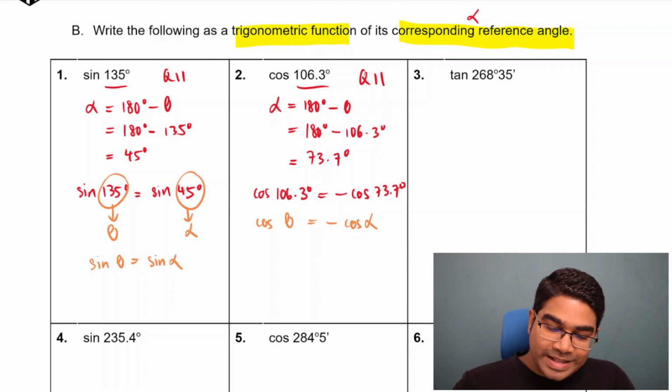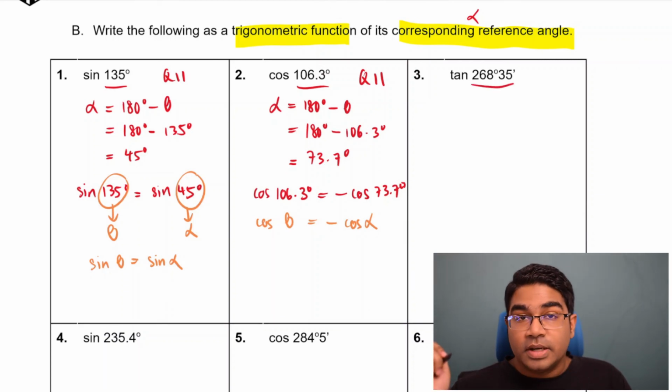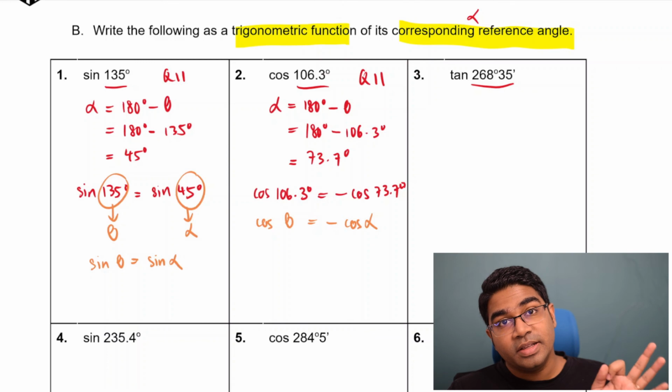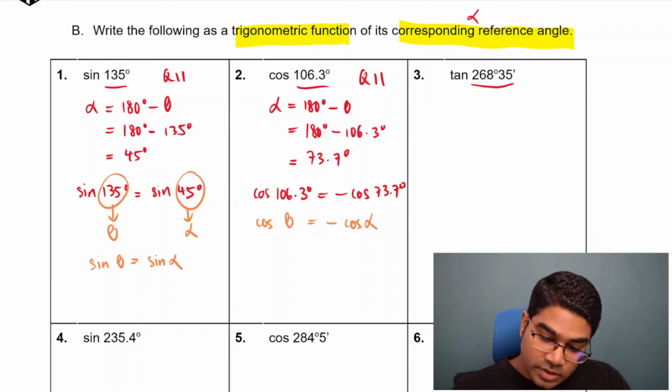Let's do one more. Tangent 268 degrees and 35 minutes. So 268 degrees and 35 minutes lies in the third quadrant between 180 and 270. So we are in Q3. Again, we need to find alpha. Alpha will be equal to theta minus 180 degrees.